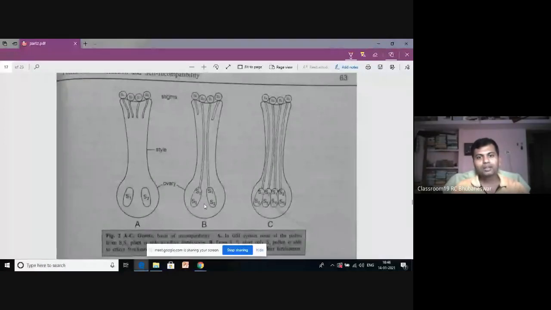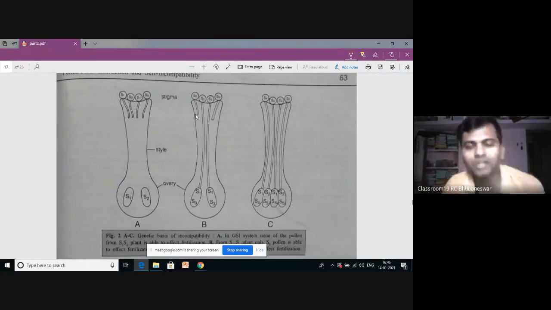Speak freely. Look at there. Here the mother contains S1 S3, and the pollen contains S2 S3. Then what happened? Compatible or incompatible? 50% compatible, 50% incompatible.